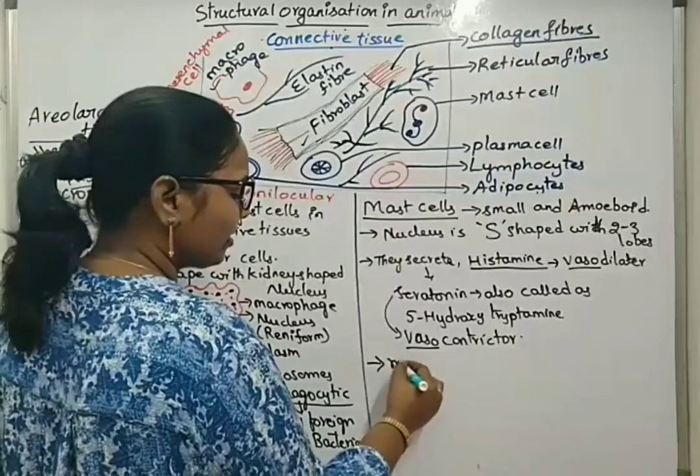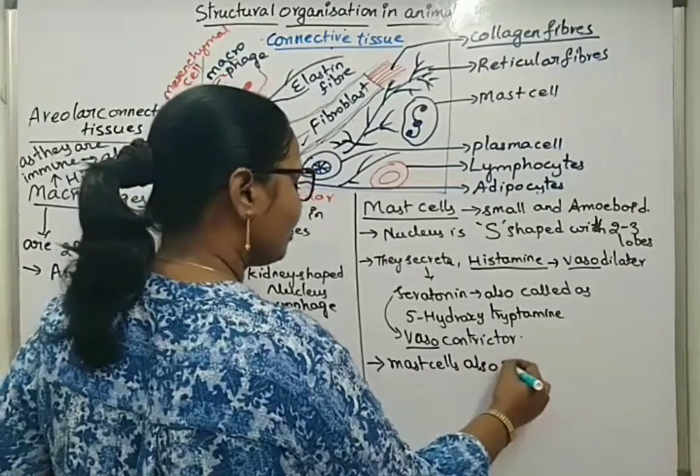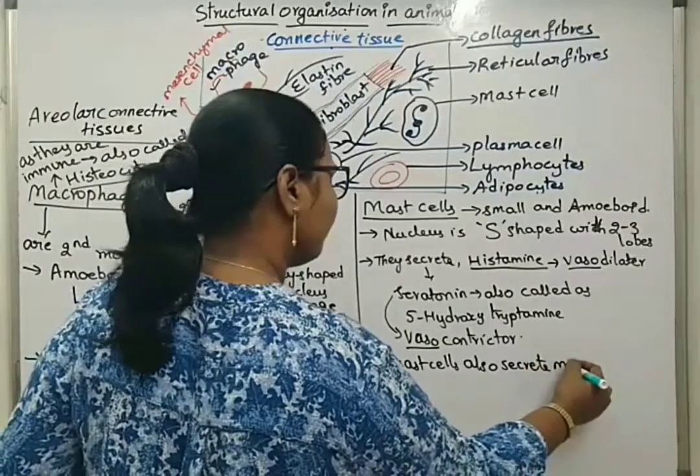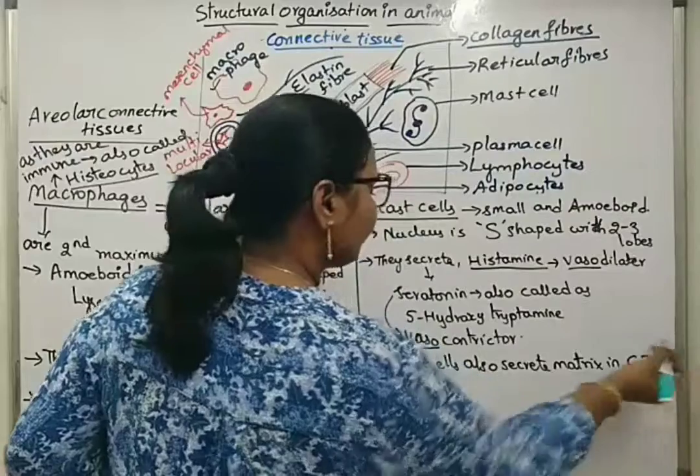So, mast cells also secrete matrix in connective tissues.